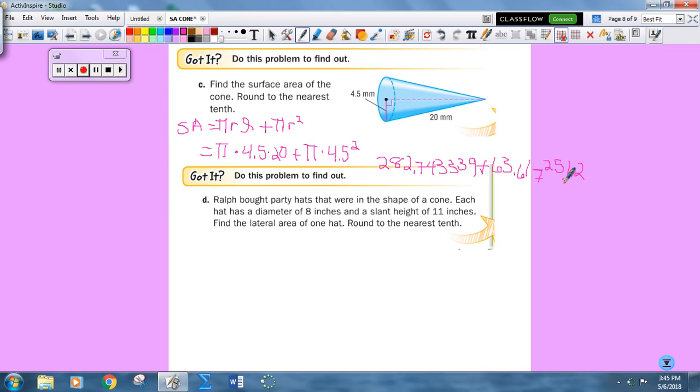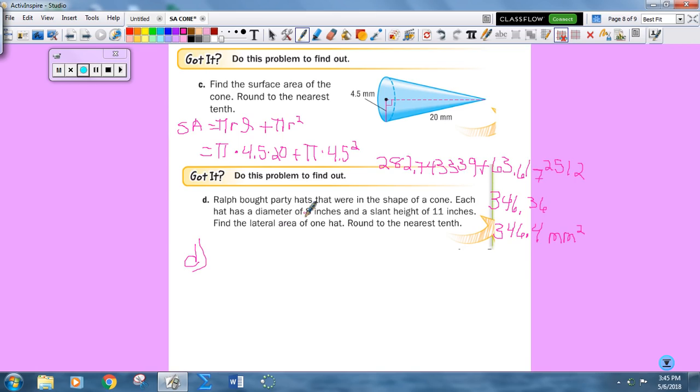Add those together, and I get 346.36, rounded to the nearest tenth is 346.4, and that's millimeters squared. So pause, try D, and come back.